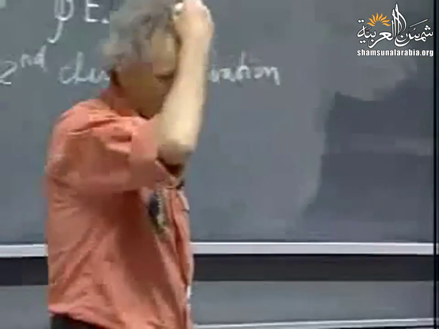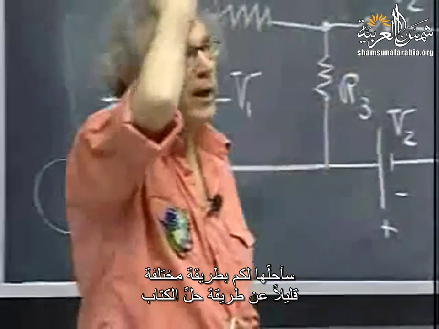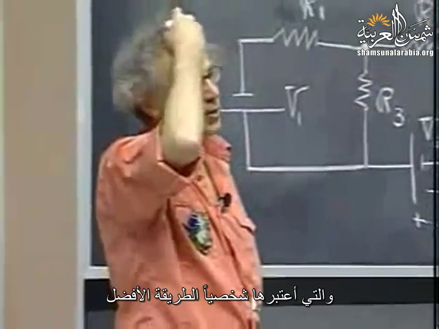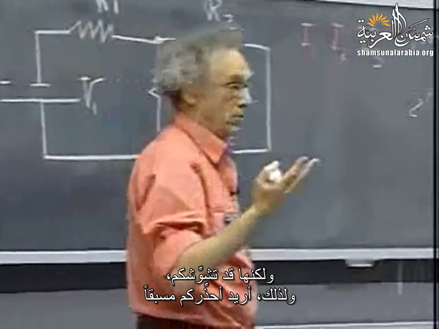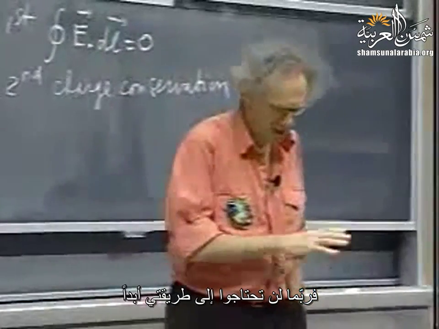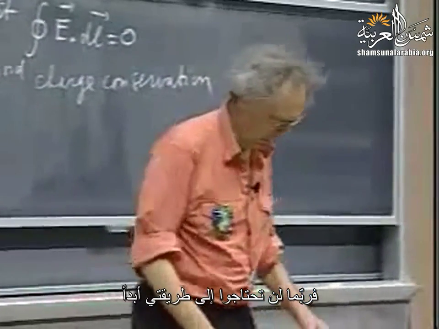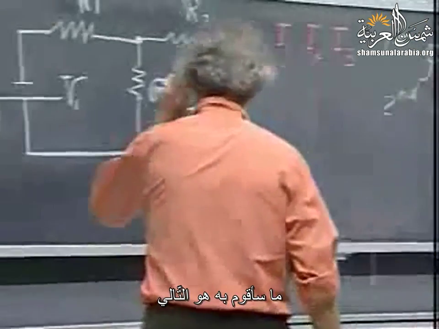However, I'm going to work on this with you in a slightly different way than the book is doing it, which I personally like better. But it may confuse you, so I warn you in advance. You may not want to use my method at all. What I do is the following.